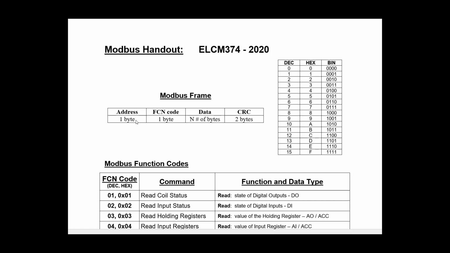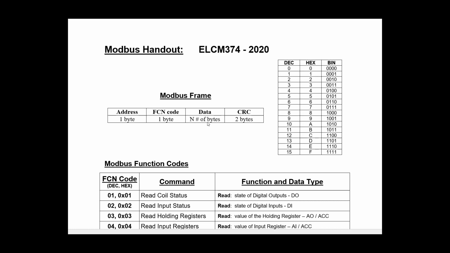So we've got address, function, data, and CRC. Notice it's indicating the size of each: 1 byte for address, 1 byte for function code. And then here, this varies, because when it comes to the data being returned in a response message, the number of bytes required to return, say, 5 analog inputs or 15 digital inputs and so on, is going to vary from message to message, because it's dependent on how many points were requested.